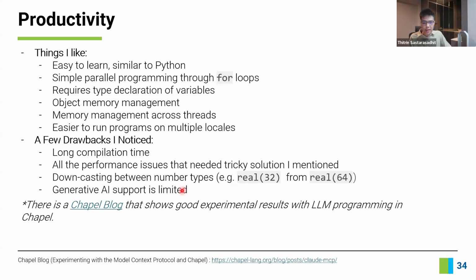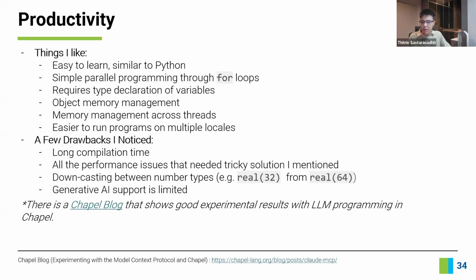Another thing that I think affects productivity a lot is that generative AI couldn't support much. It might be because there is less Chapel code on the internet for the AI to train on, so it isn't good and also provides faulty code. It would be great if AI could write some test code or small code that I don't have to write.